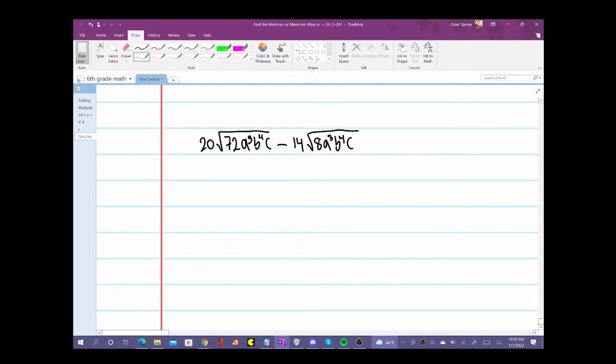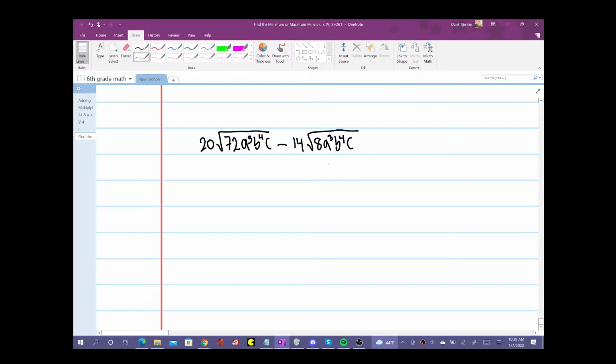Okay, so they both have the exact kind of square root, but they have the same variables, right?